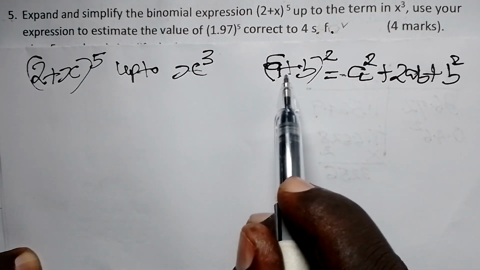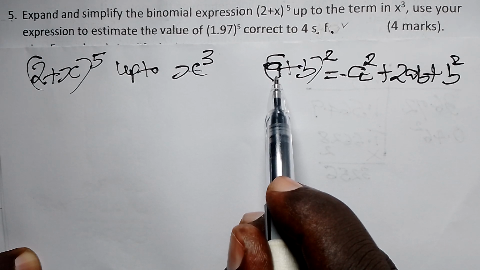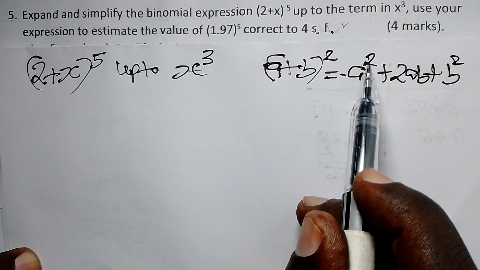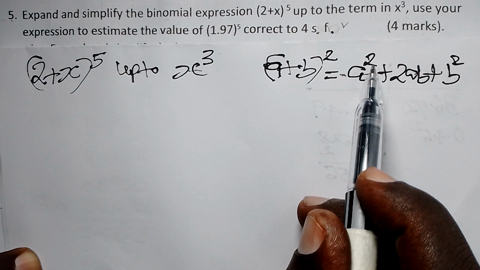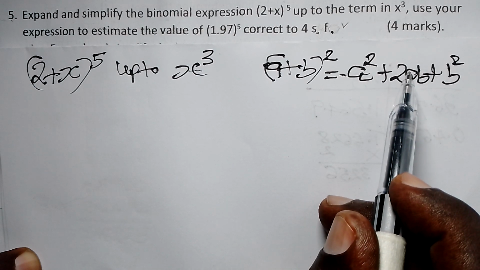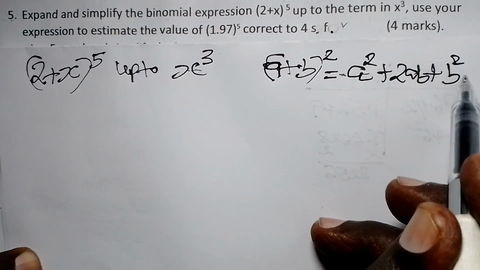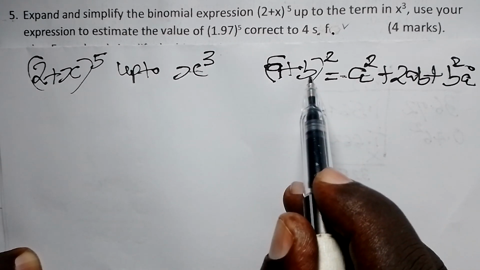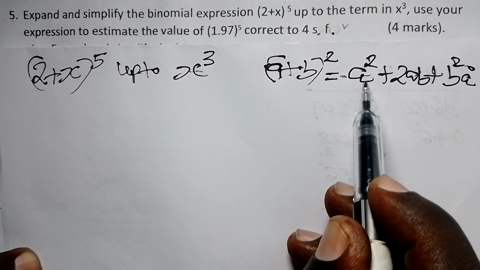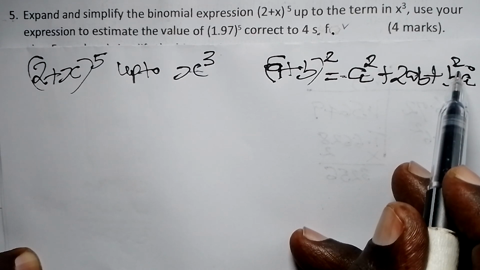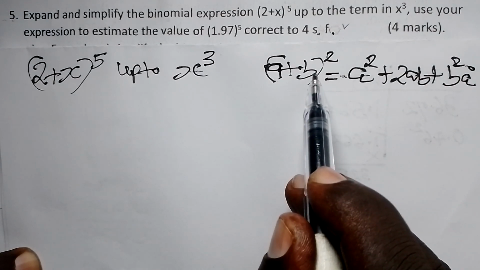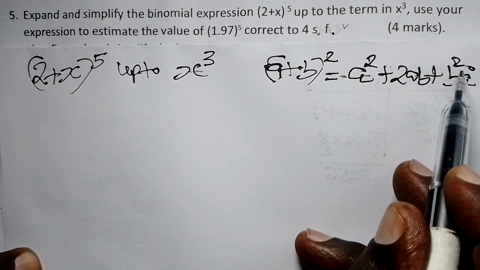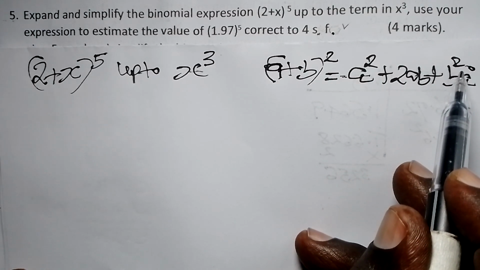I just want to remind you that the power of the first term decreases from the power given, from 2, 1 up to 0, and the power of b increases from 0, 1, up to 2.